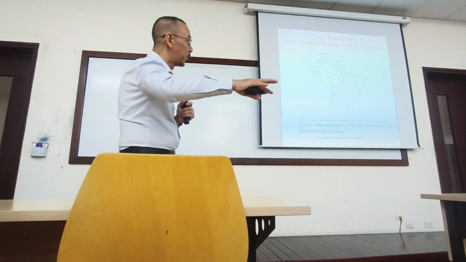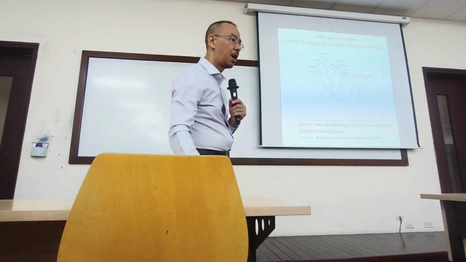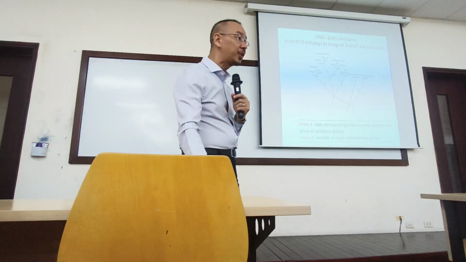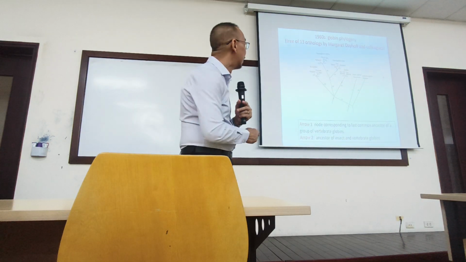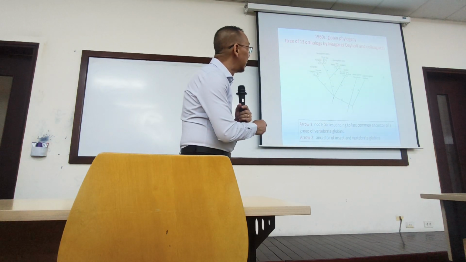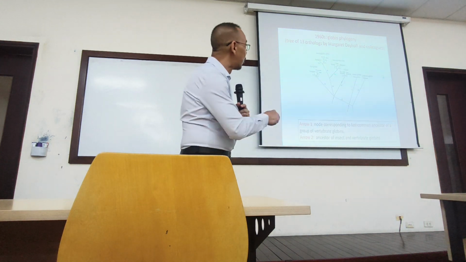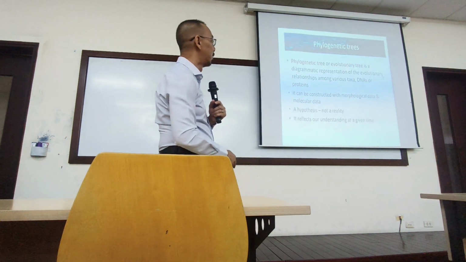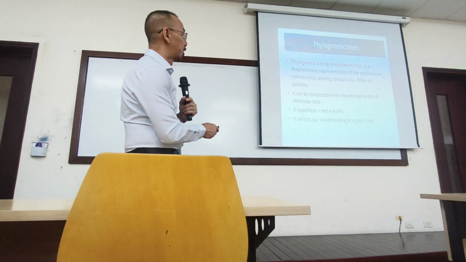When we move further into the phylogenetic tree structure, we'll explain in detail the tips and the branching. So the tree represents evolutionary relationships.